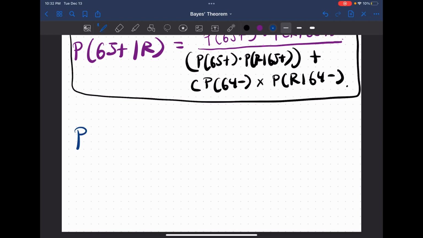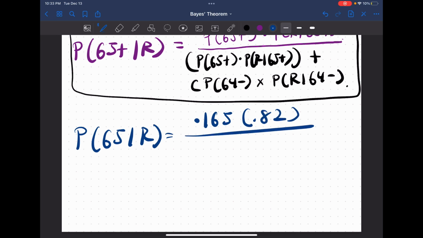So now let's just plug in the numbers, which is 0.165 multiplied by 0.82, over 0.165 multiplied by 0.82. Don't forget to put brackets. Brackets are your friends. Remember that.